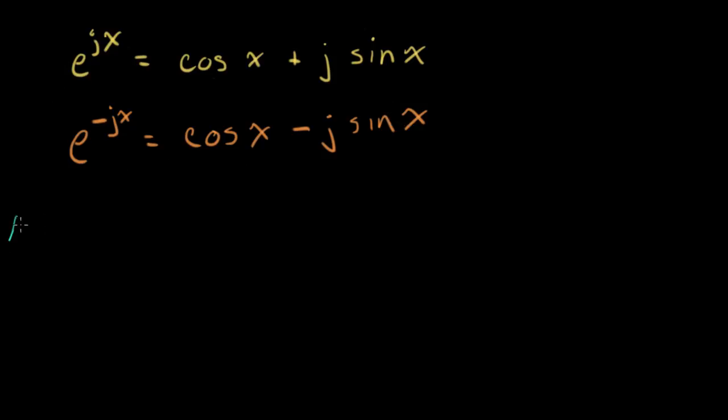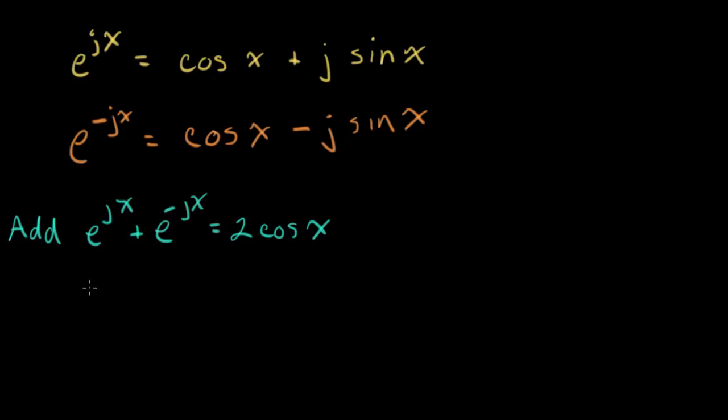So if I add, I'll get e to the jx plus e to the minus jx equals 2 cosine x. And the two sine terms cancel out, right?